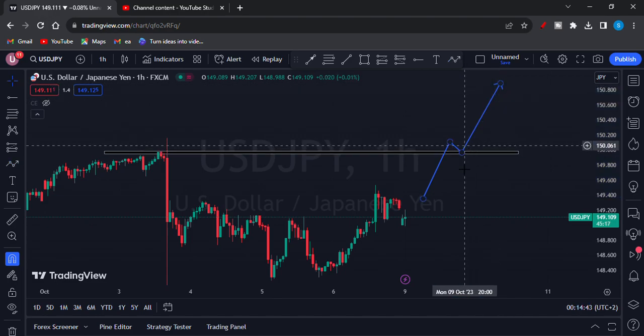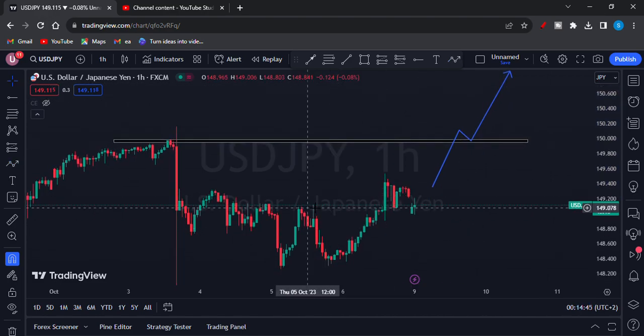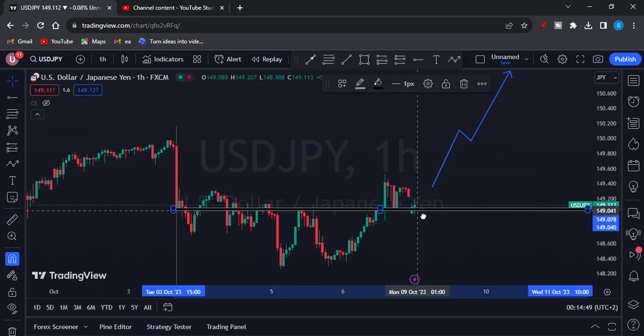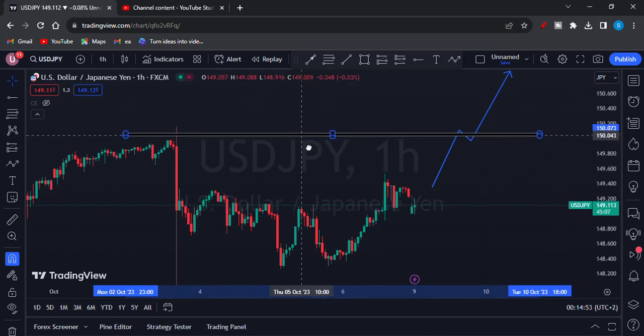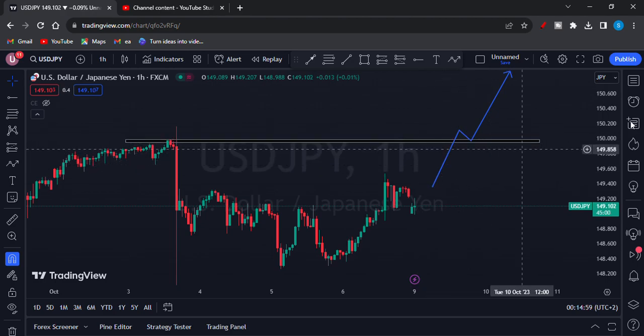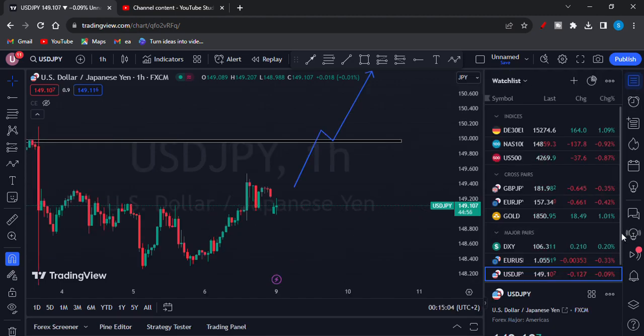But right here, I don't see. Let me see. Nah, it doesn't qualify. So I'll just have to watch how the market is going to react when it gets to these areas right here. And then let's check our last pair.